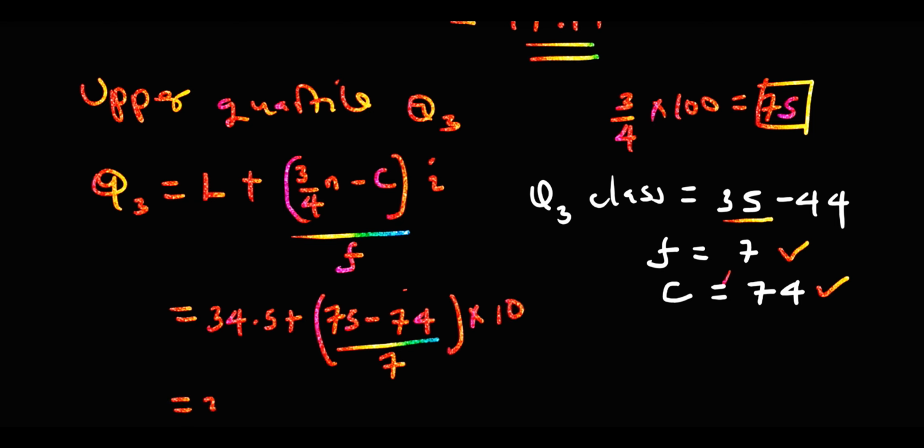So we have 34.5 plus 75 minus 74 is 1. So that is 1 over 7 times 10.